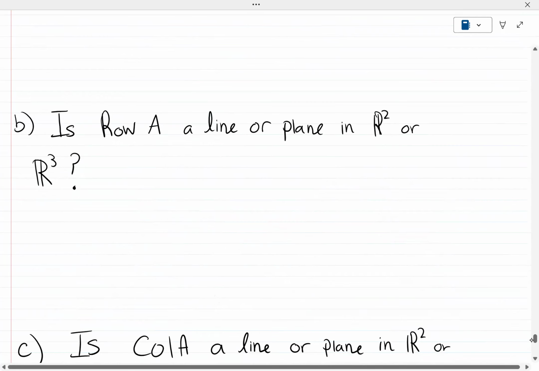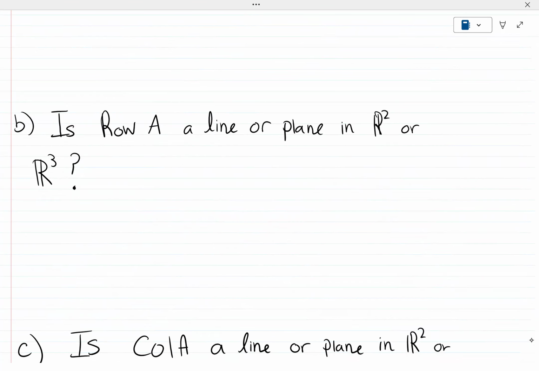Part B says, is row A a line or plane in two space or three space? So row A was this matrix, 1, 0, -1.